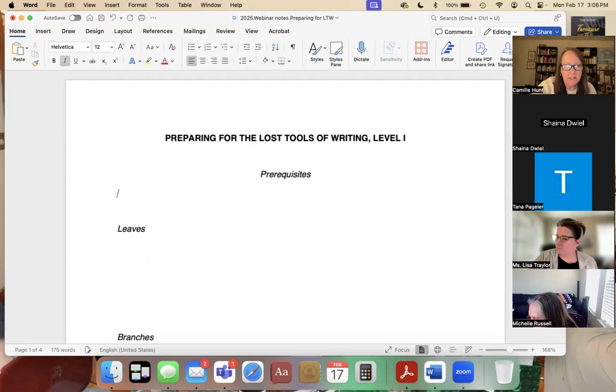What do we need in order to reach the branch so that we can get out to the leaves, the things that I said are more specialized: British literature or linear algebra or botany, maybe, or the symphonies of Bach or things like that.